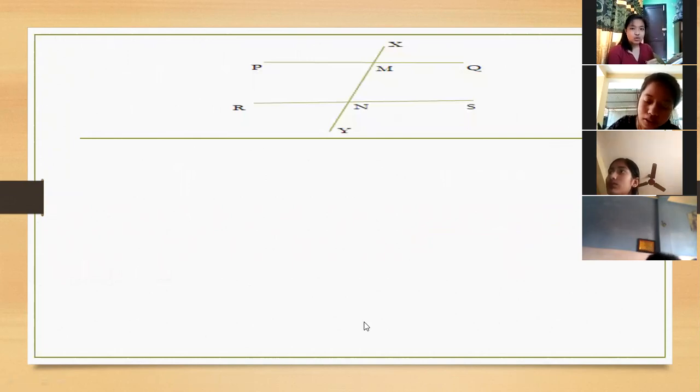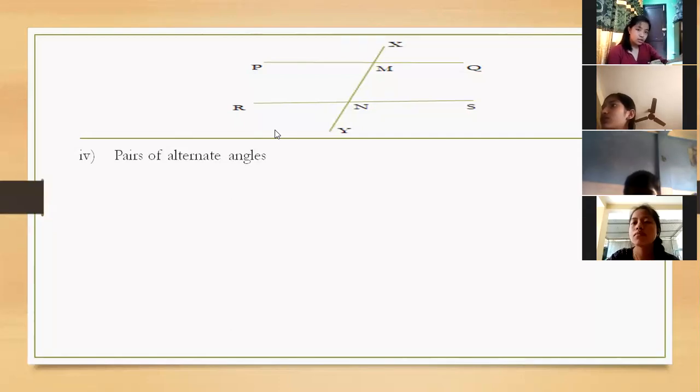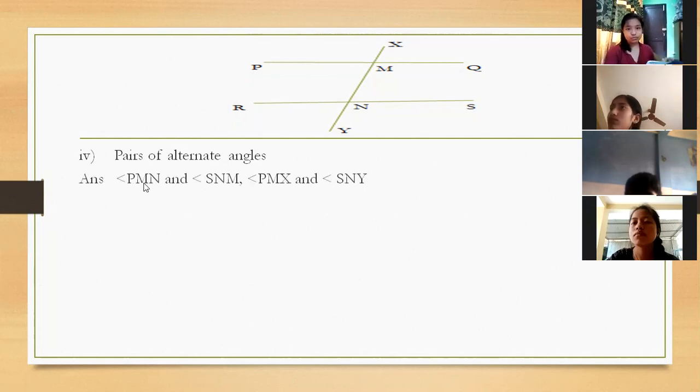The figure is the same, but the question is asking something different. Pair of alternate angles. As I told you, alternate angles will be one on the right side and one on the left side, and they will be formed at different vertices. Look here, pairs of alternate angles: one is PMN and another is SNM; and PMX and SNY.